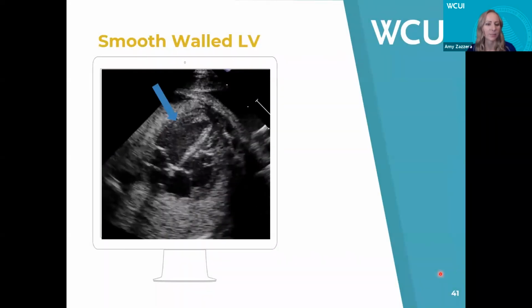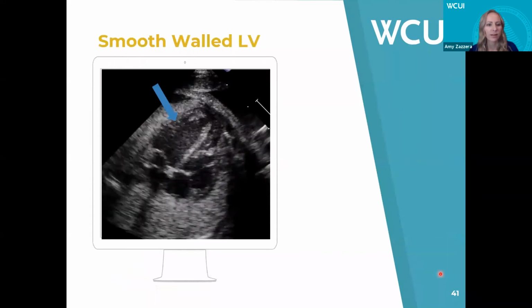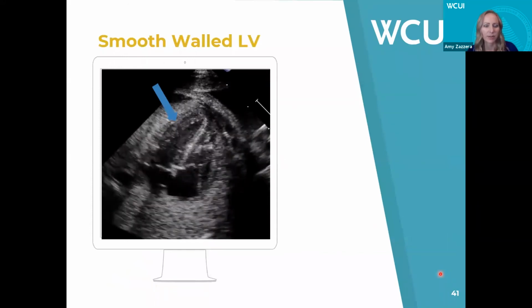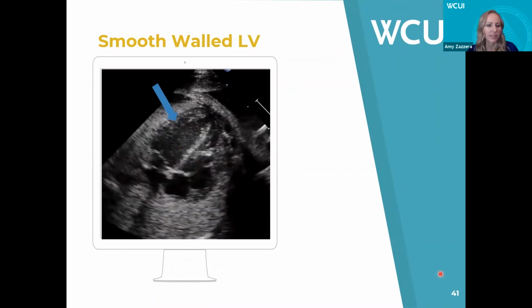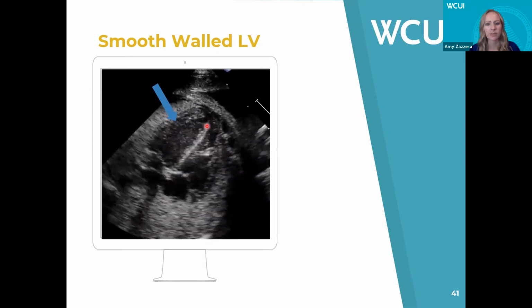And here is a beautiful clip showing that smooth wall of the septum. So we have no attachments there, and you can really just see that wall is so smooth, the septal surface.